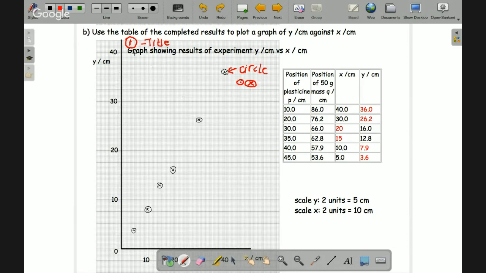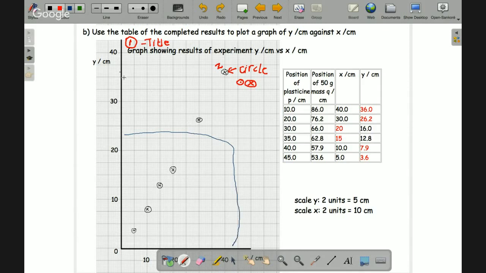So this was the second point: try to use up more than 75% of the graph paper, because you don't want a graph that only fills up a small area. You don't want the graph to fit just in this region here.